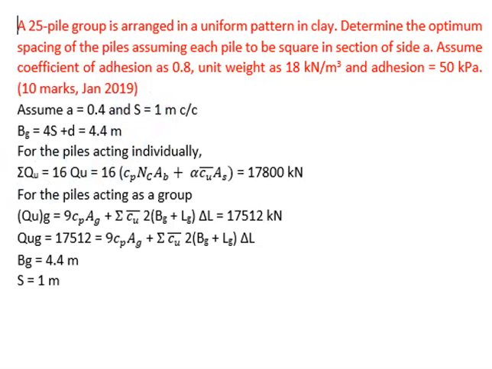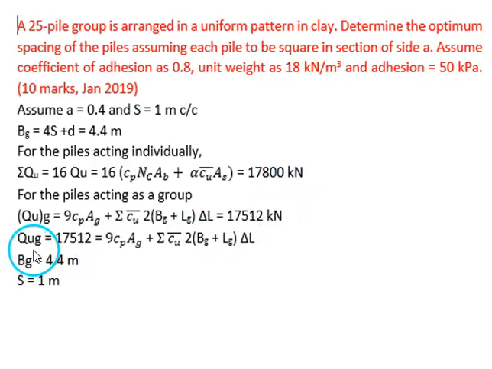So we have to assume some values for the size as well as spacing. Then we have to consider the individual pile failure, and estimate the capacity of the pile group based on the individual pile failure. Then by considering the block failure, we should estimate the capacity of the pile group. Then we have to compare these two values, and the smaller one will be taken as the capacity of the pile group.